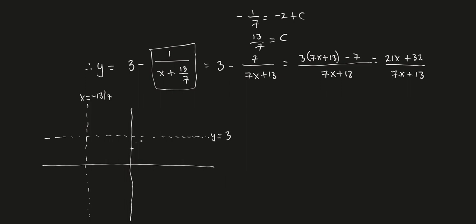And then as far as the x-intercept is concerned, it's going to be negative 32 over 21. So it's greater than negative 13 over 7. So it's basically here, right? So this is what it looks like.